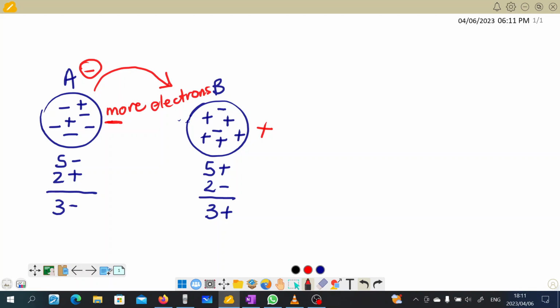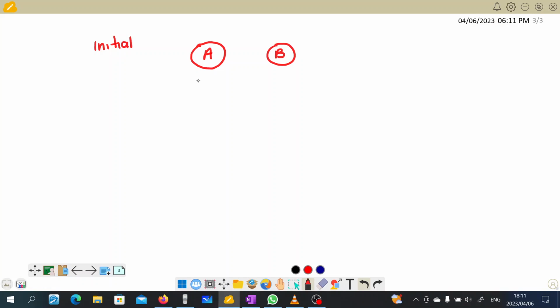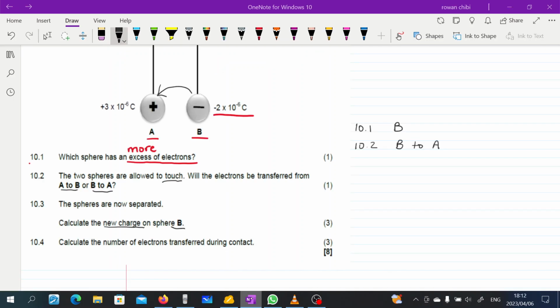Imagine initially we have sphere A and sphere B. Sphere A was 3 times 10 minus 6 coulombs, and sphere B was minus 2 times 10 minus 6 coulombs.